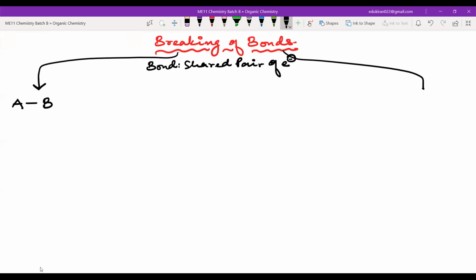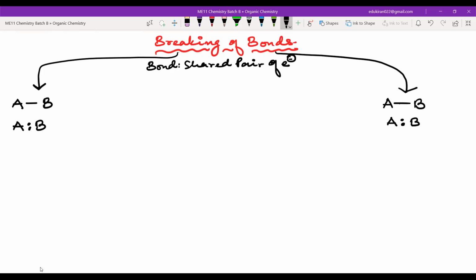And then we can say A and B. Now we can show this as the Lewis dot structure, that one pair of electrons has been shared between these atoms. Now there are two things that can happen when I want to break this bond.